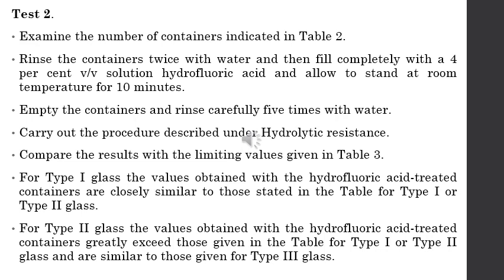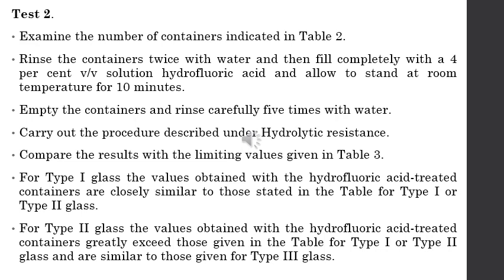So next is to carry out the procedure which is described under hydrolytic resistance, that is a titration with 0.01 molar hydrochloric acid, and then we have to compare the results which is given in table 3, that is the earlier slide.